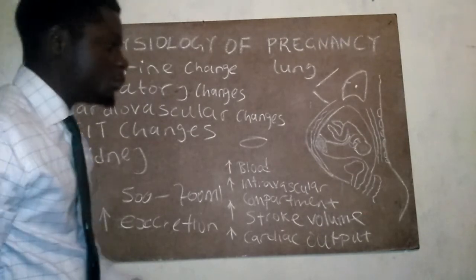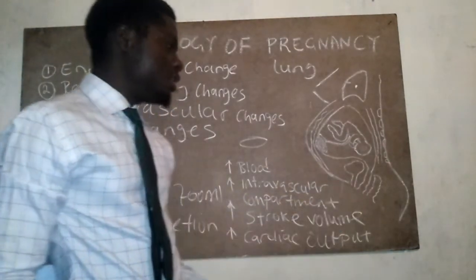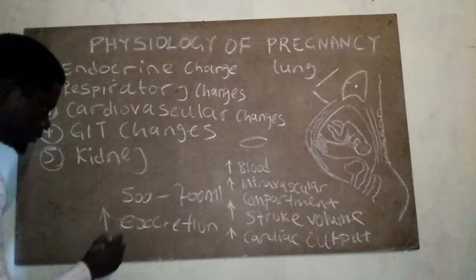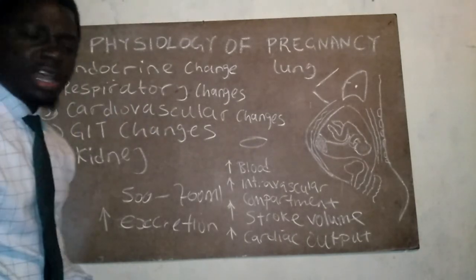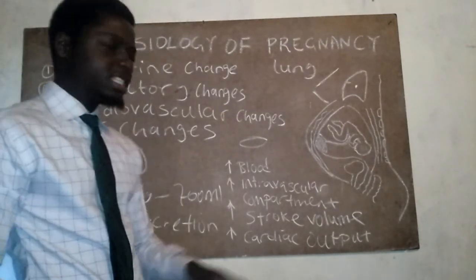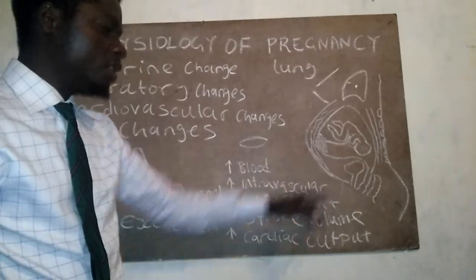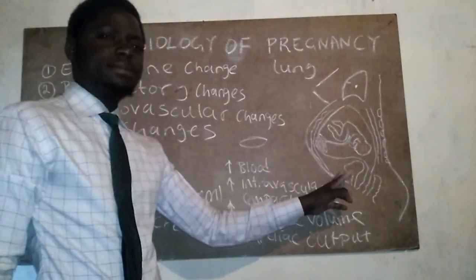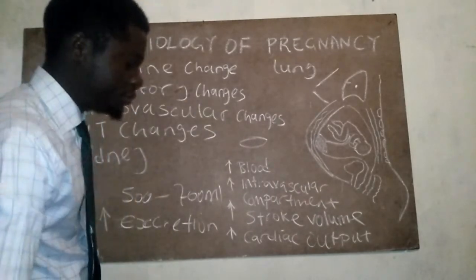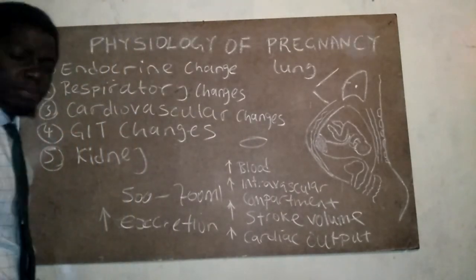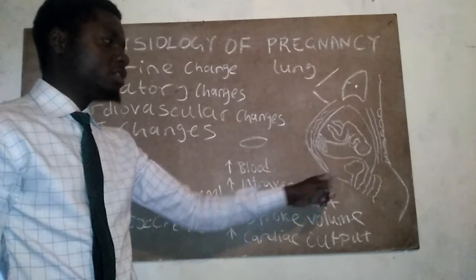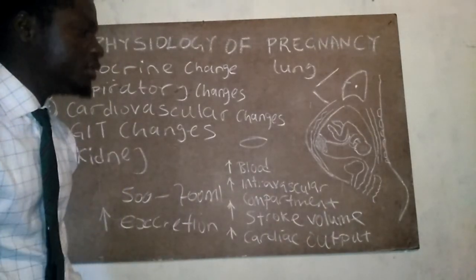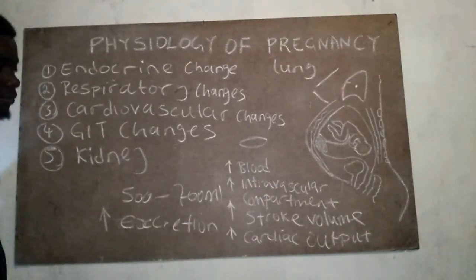So there will be micturition. Micturition is frequent urinating as a result of the bladder being compressed by the growing fetus. So it's going to be hard for the woman to keep the contents in the bladder as a result of the growing fetus. So very, very important to notice.